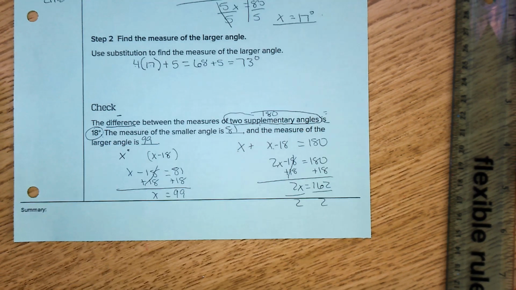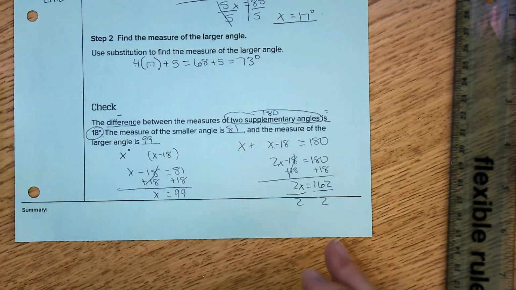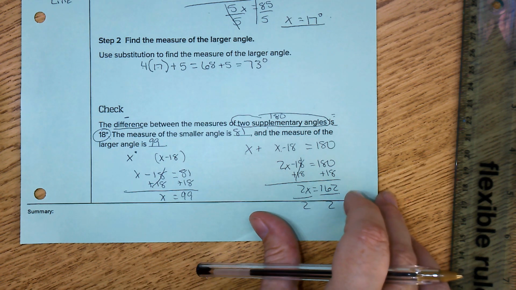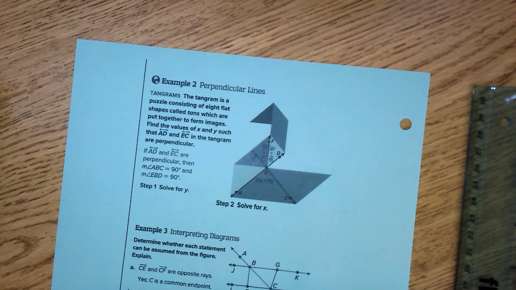So my summary, again: after you do the back of the notes, maybe give yourself a day, a couple hours, revisit your notes. What sticks out to you? What's the major thing you learned? All right. Perpendicular lines.